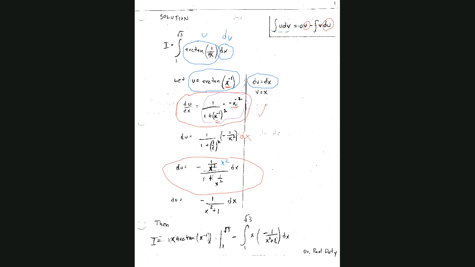So then the final expression for du will equal -1 over x squared plus 1 dx.